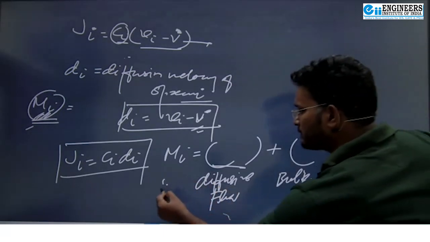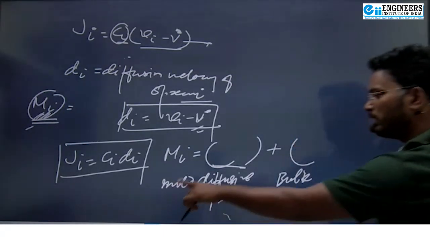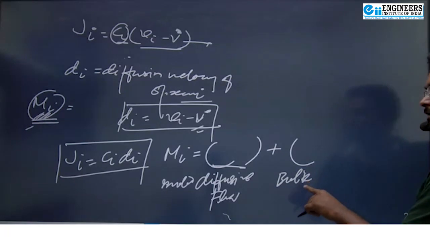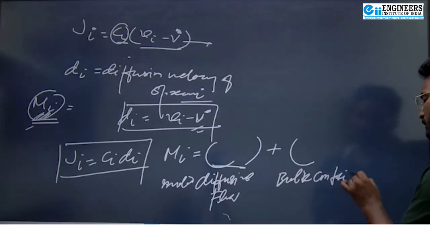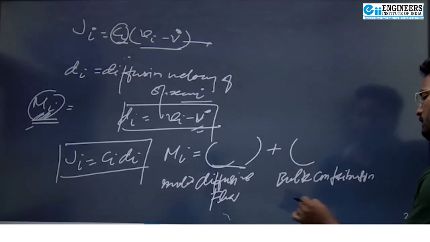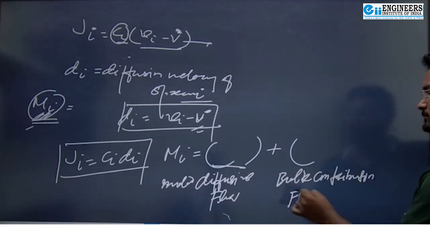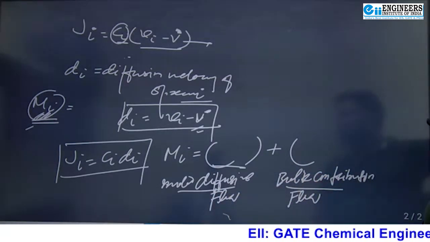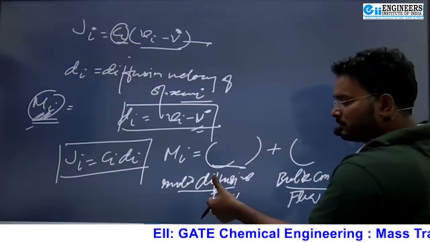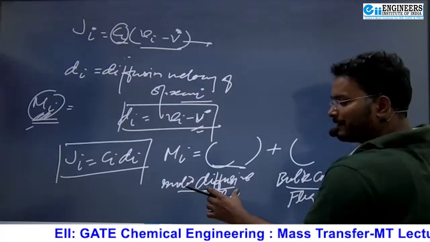Please write the same. Molar diffusive flux and molar bulk contribution flux. Molar diffusive flux is a measure of the characteristic feature, called Ji.